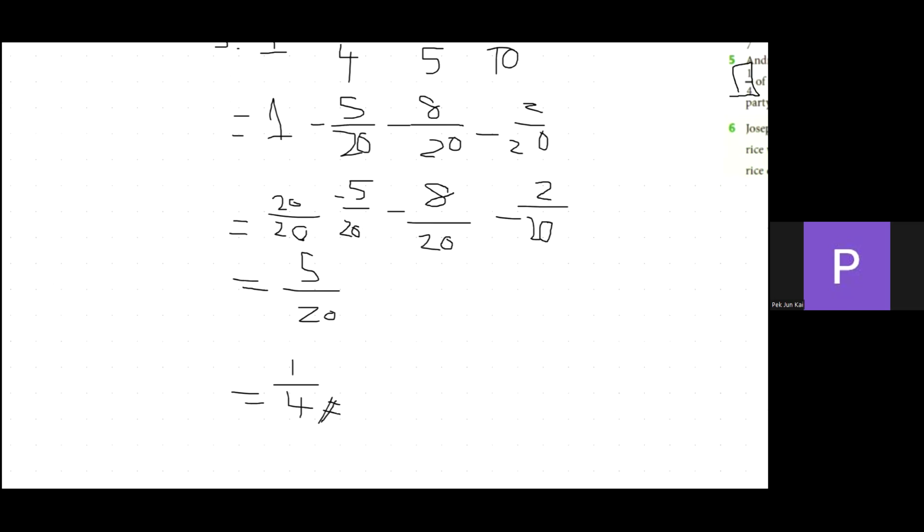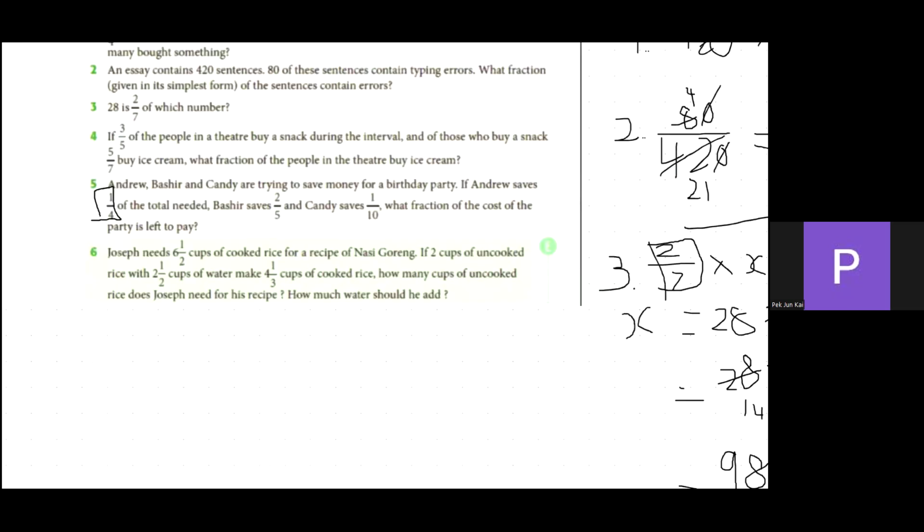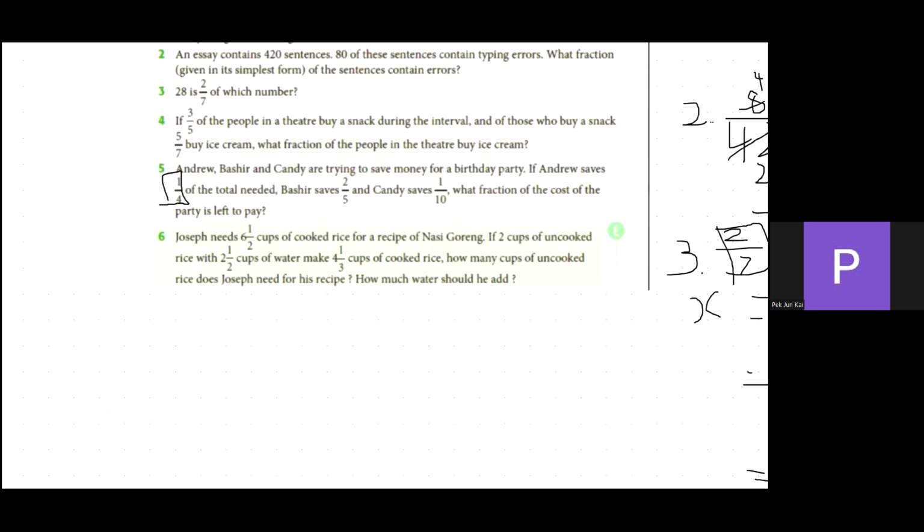Next, the last question. Joseph needs 6 and 1/2 cups of cooked rice for a recipe of nasi goreng. If 2 cups of uncooked rice with 2 and 1/2 cups of water make 4 and 1/3 cups of cooked rice, how many cups of uncooked rice does Joseph need for his recipe? How much water should he add?